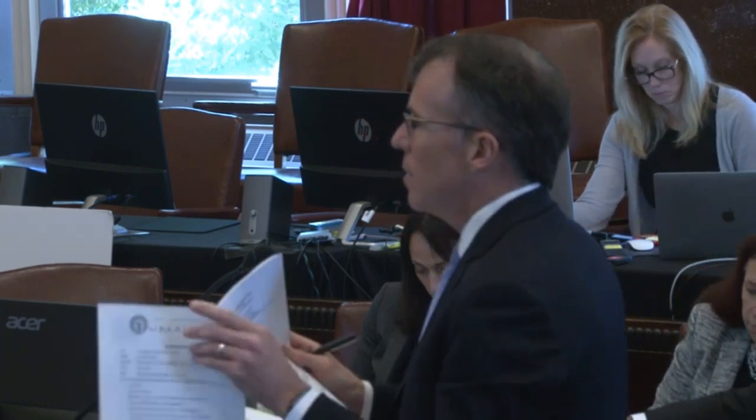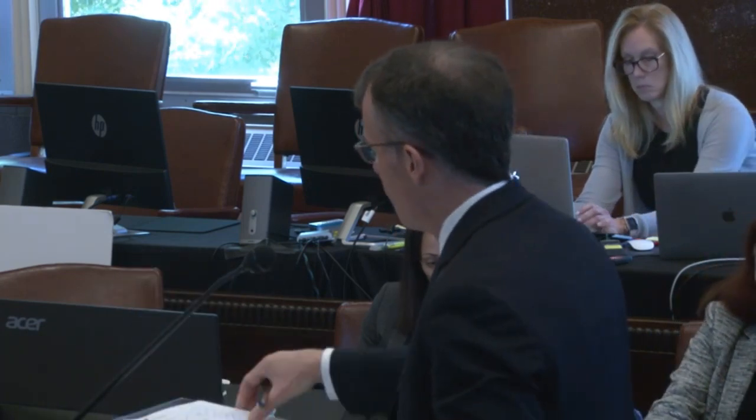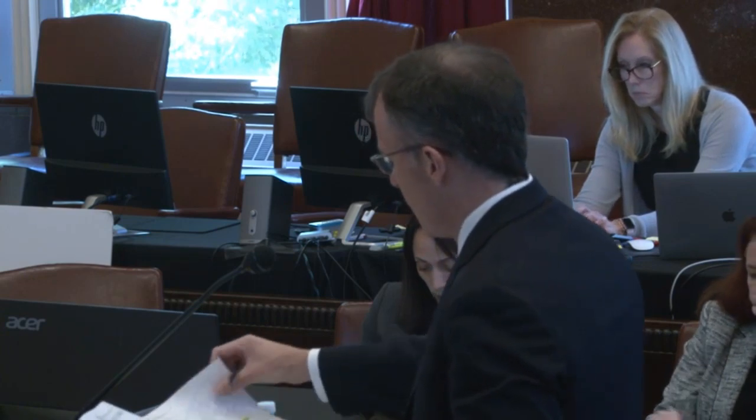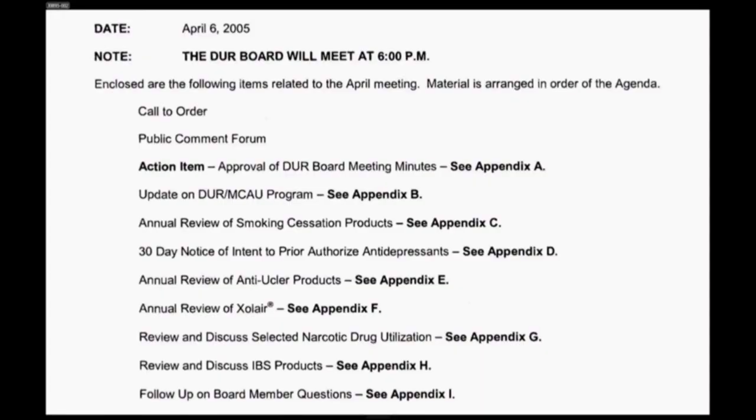And if you turn to the second page, you'll see the disclosures. Yes. And Appendix G is review and discuss selected narcotic drug utilization, right? That's what it says.